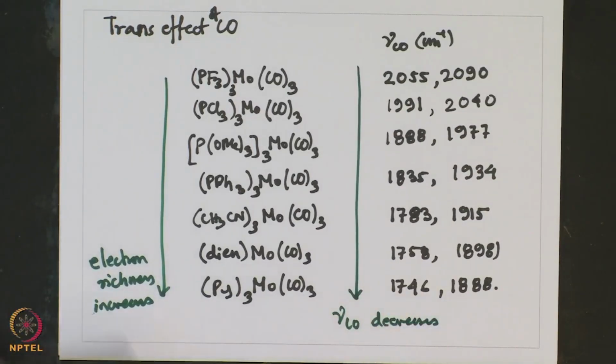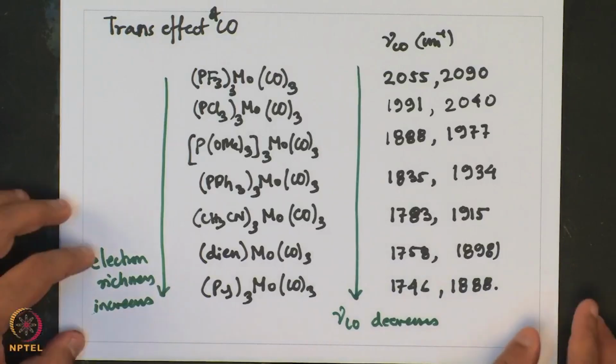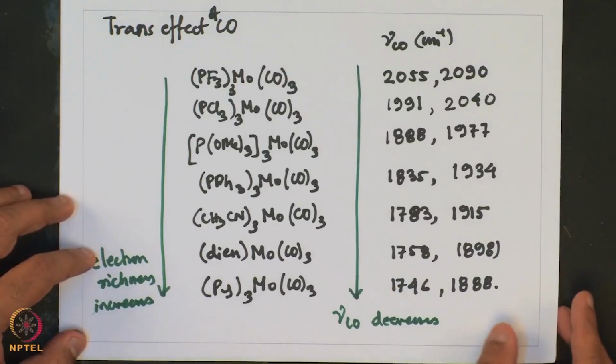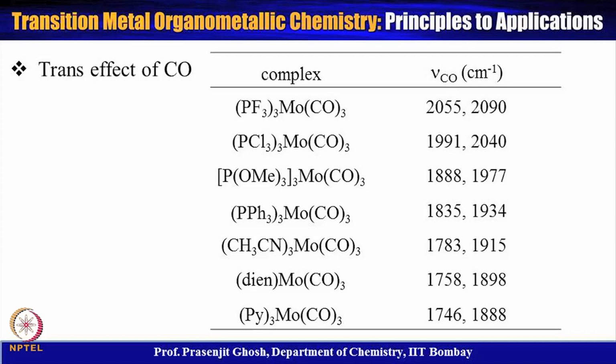So, this gives us a quantitative or semi quantitative feel for the extent of pi back donation that may arise by substitution of a pi acidic ligand CO by more electron donating ligands, and that will be reflected in the new CO stretching frequency as is shown over here.